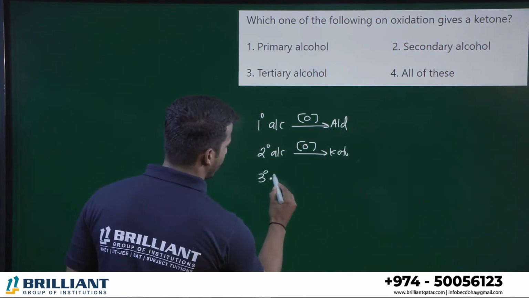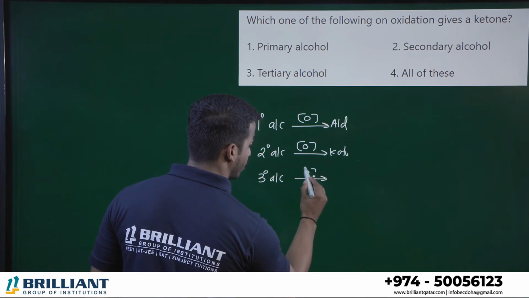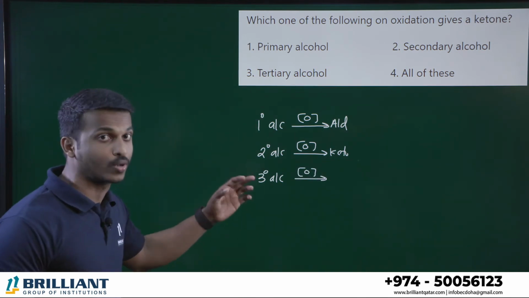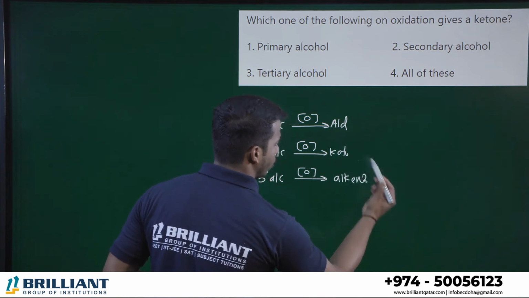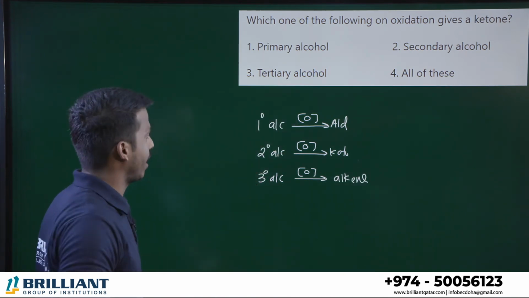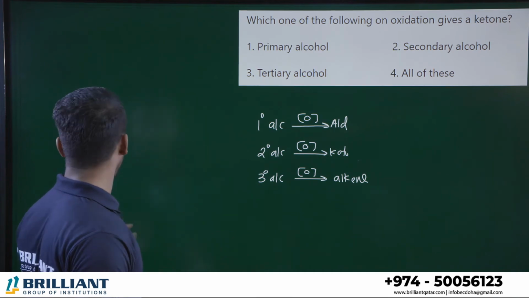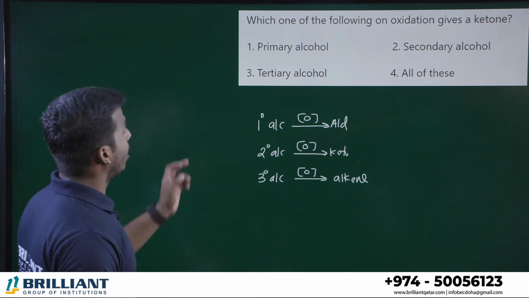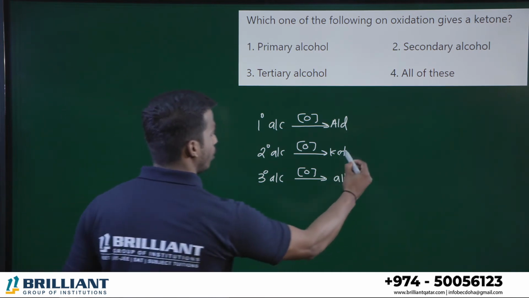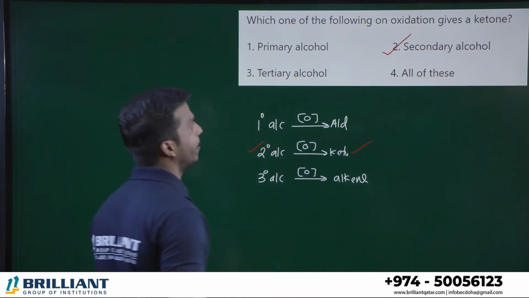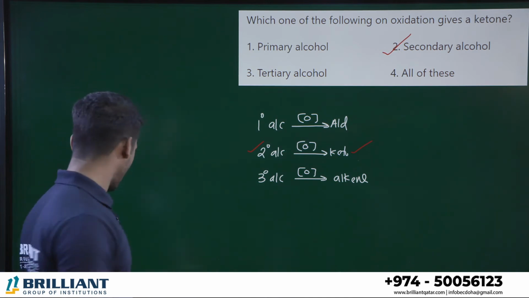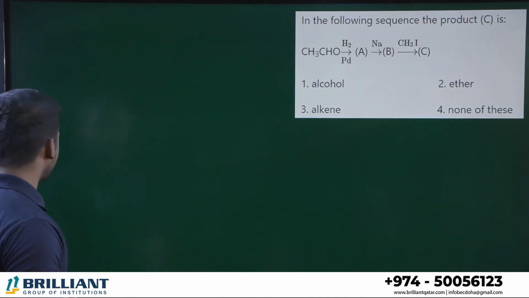And tertiary alcohol will not undergo oxidation. Instead of that, it will give you alkene through dehydration, right? So which of the following on oxidation gives ketone? If you want to get ketone, we need a secondary alcohol. That is option number 2, the correct one. Hope you got that. Then the next question.